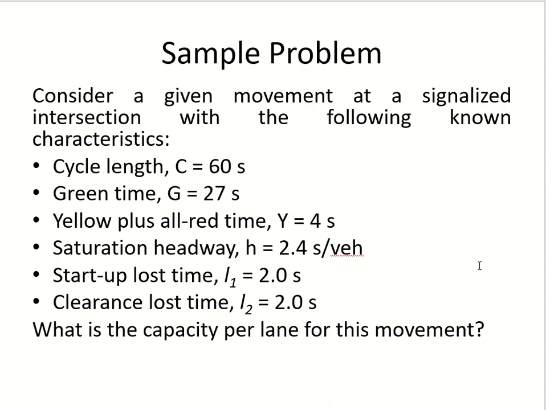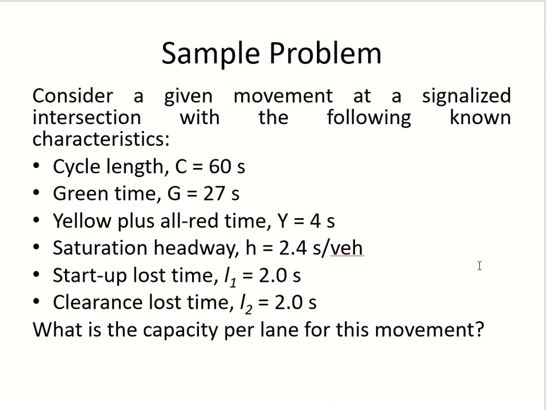Okay, so the flow rate equals to what? Maximum flow rate. Saturation flow rate, maximum. Okay, so this is the definition of effective green. Yellow plus all red, which is capital Y, 4 seconds. Saturation headway, this much. Startup loss time, clearance loss time for this movement or this phase is this much.